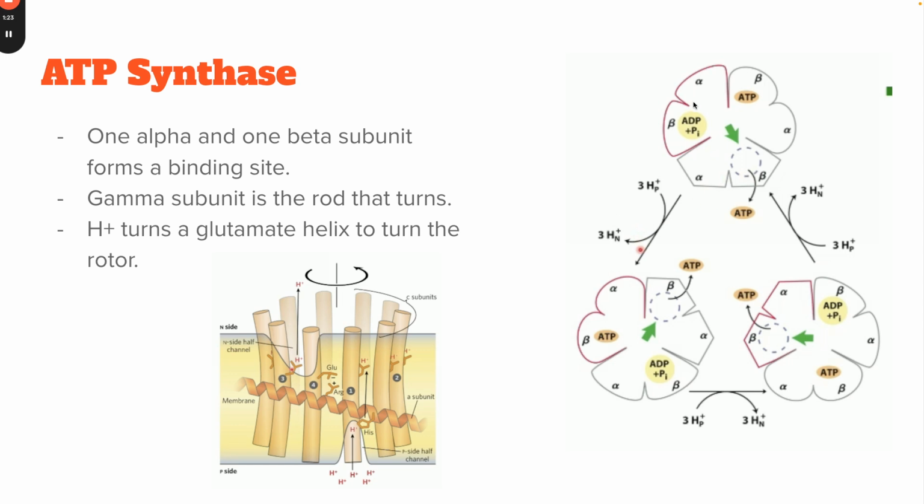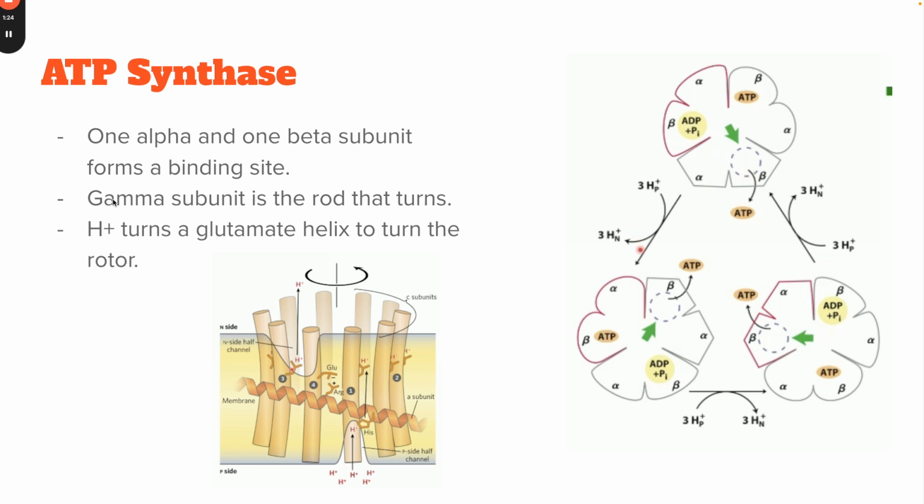At any time the ATP synthase protein is working, there are basically 3 different configurations. We have one configuration where there's nothing in these subunits, the ATP is just left. We have another configuration where we have ADP plus our phosphate group, waiting to be combined into ATP. And our last configuration is that we have our fully formed ATP molecule, and it's just waiting to be released.